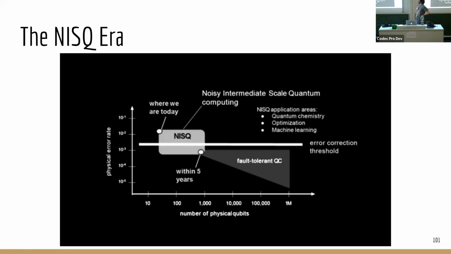A lot of times when we discuss it, we're given graphs like this, where we say, well, today we're in the NISQ era. We have quantum computers, but there are some challenges still. But in 5 years, these are going to be amazing devices. The number of qubits that we can model will be increasing exponentially. It will be far more fault tolerant.